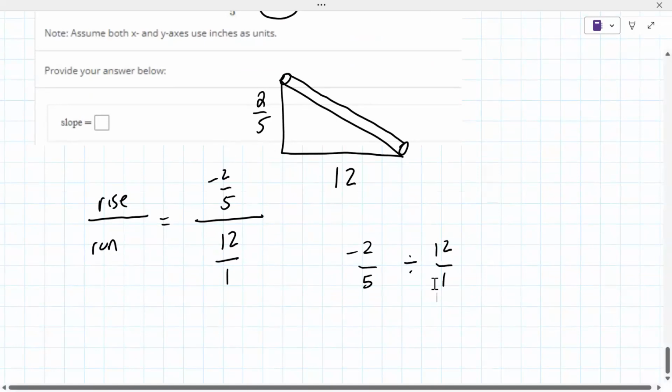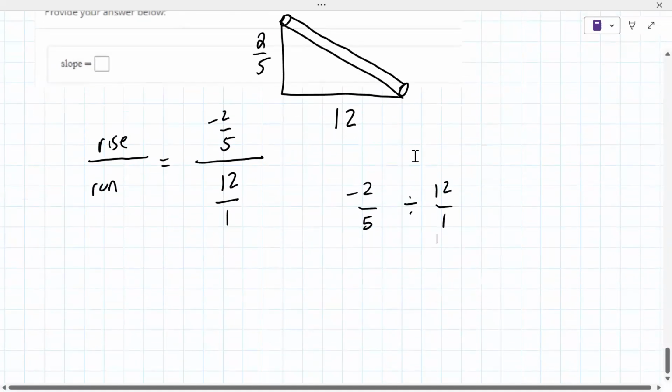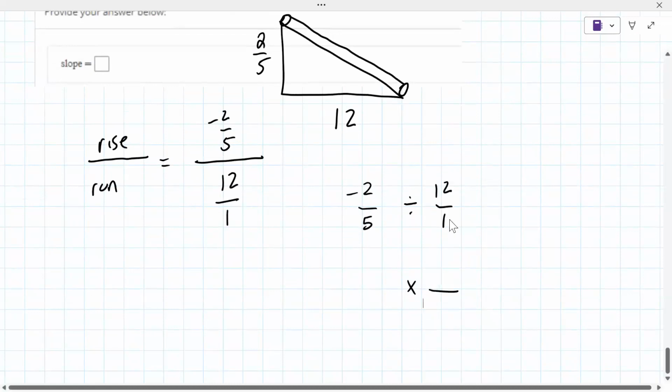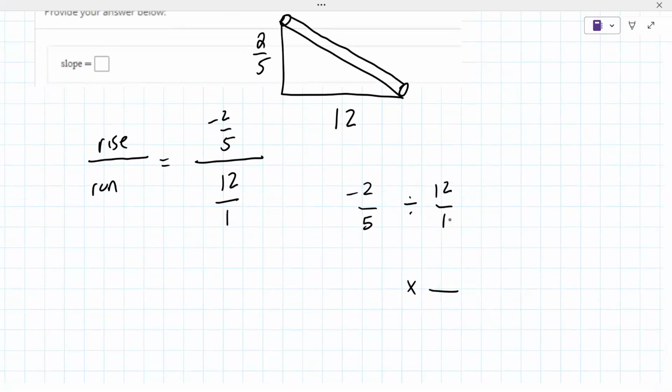Now, how do you change division of a fraction? Multiplication. By what? How do you change the second fraction? It would be 1 over 12. Yes, you flip it, or the reciprocal. Good. Now, how do you multiply fractions?